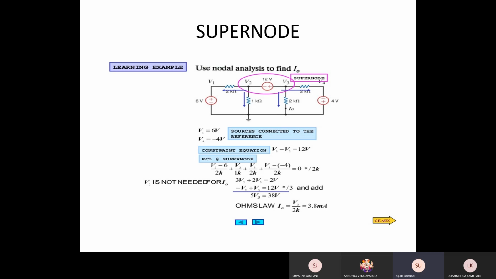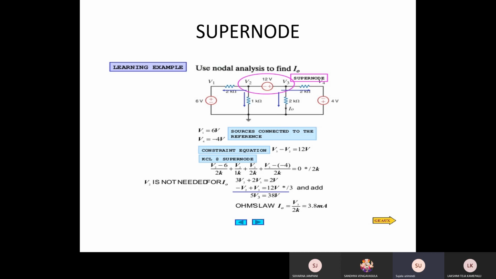When you write down the super node for this part, then you have to short this. Then this complete picture becomes only one node. V1 and V4 are not there. There is only V2, which must be taken as V1, and V3 must be taken as V2.